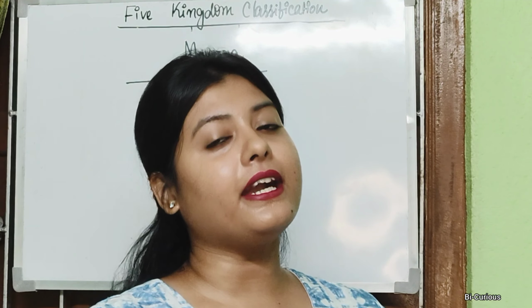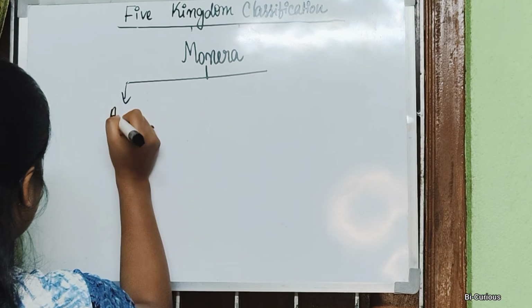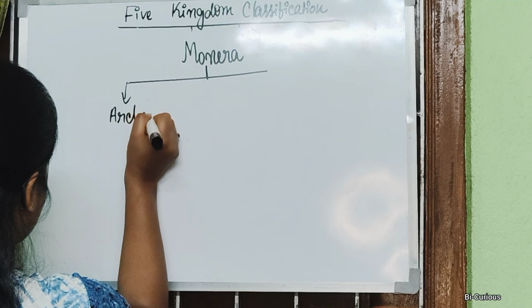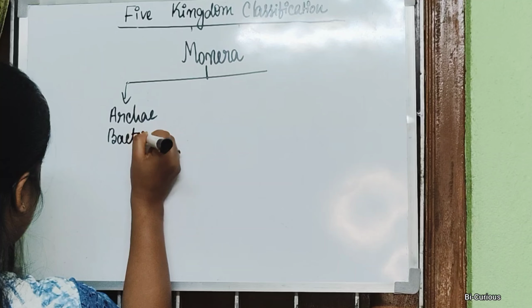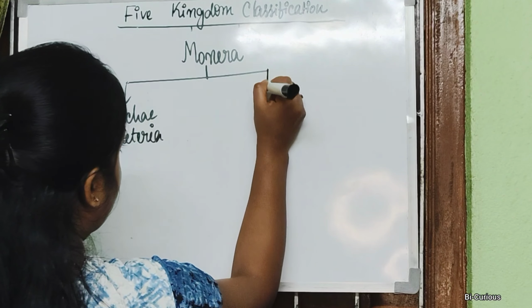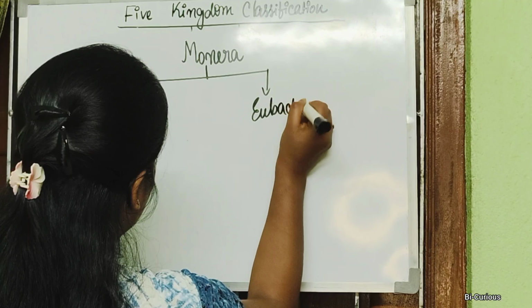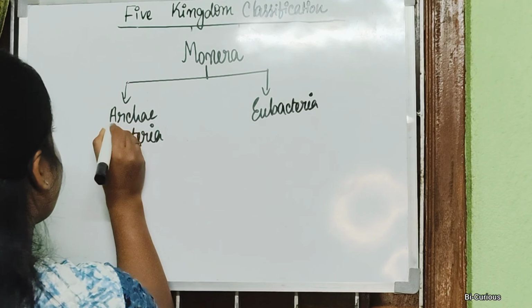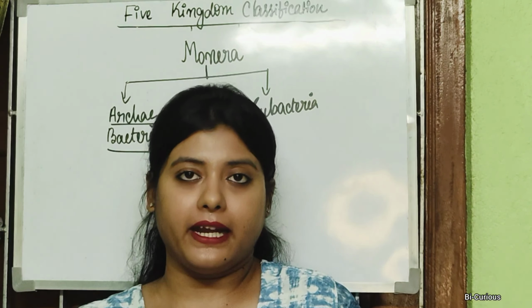One is Archaebacteria, another one is Eubacteria. The first thing is Archaebacteria. Archaebacteria are the ancient bacteria.